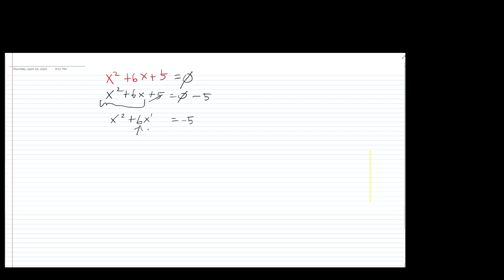Half of 6 would be 3. Or you could just put 6 over 2, because that means that you took half. And make sure that you add it and that you square it.